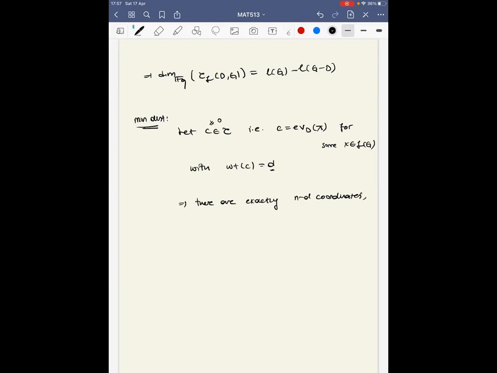Let me denote the coordinates which contain 0 from i1 to i_{n-d}. And like in the previous case, if this function has 0 at the given places, that means its valuation at this place is strictly positive.